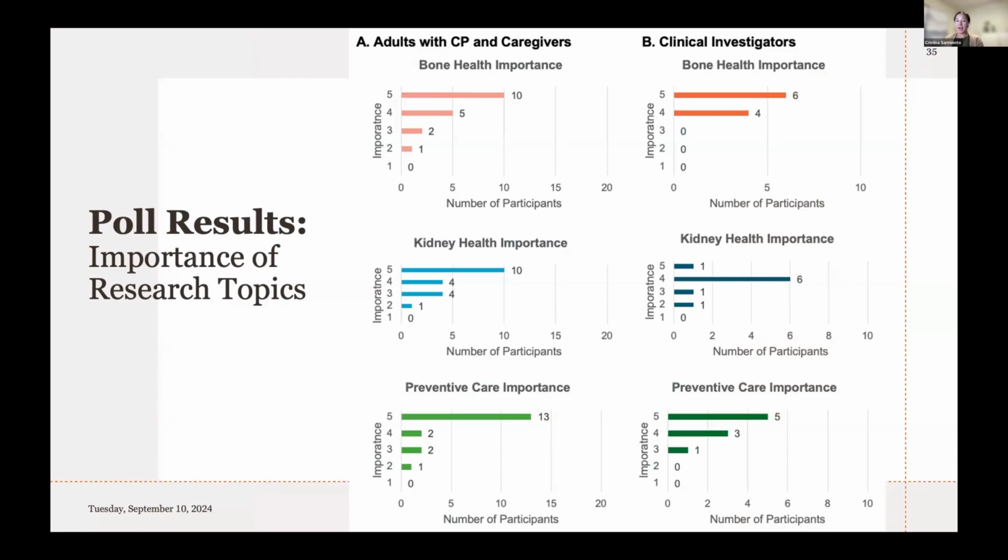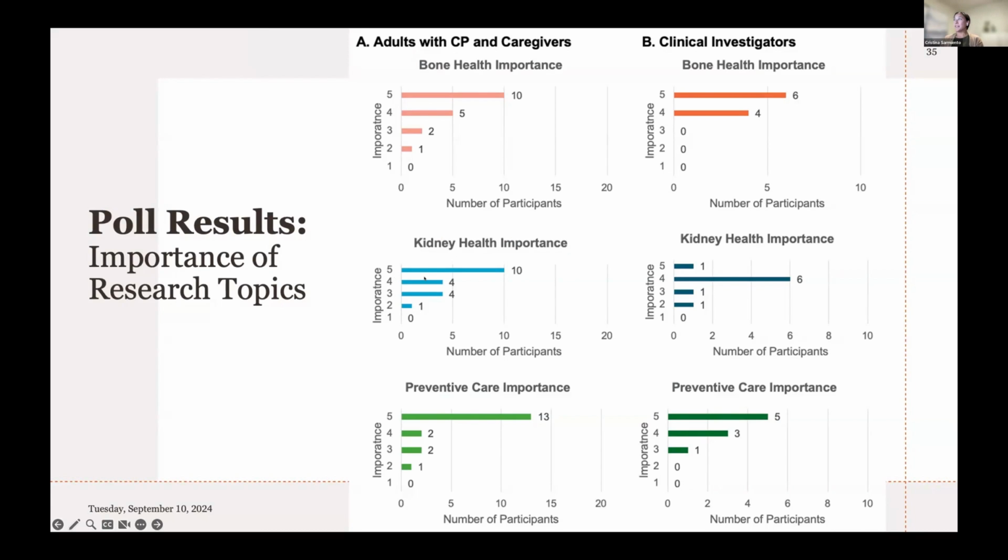So in these focus groups, we asked participants among those 3 medical areas that we presented: kidney health, bone health, and preventive care, how important they felt that these topics were to them. So we asked them to take a poll and rank the topics on a scale of 0 to 5, with 0 being not important at all, and 5 being very important.